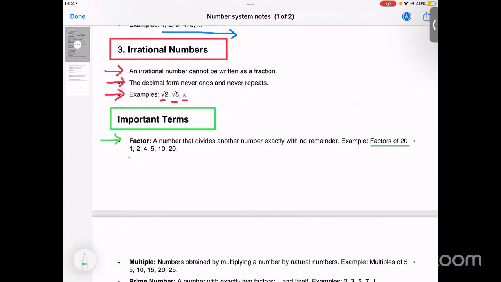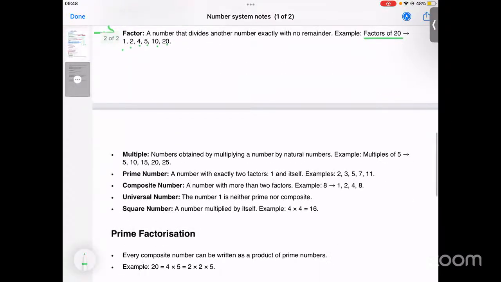If you say 20 divided by 2, it gives you just one number, even with a 4, a 5, a 10, and even with a 20. So that's what we mean when we say it is that number that divides another number exactly with no remainder. That is what we call a factor.